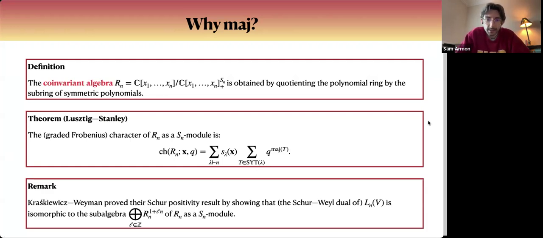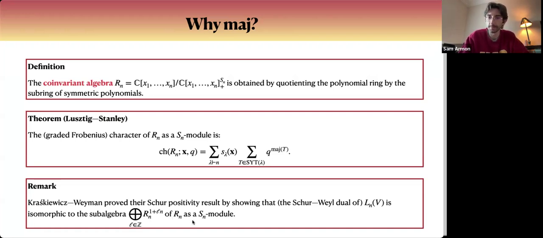And so what Kreiman and Weyman actually did to prove their result was show that the Schur-Weil dual of this nth graded piece, which is the symmetric group mirror of this GL_n module, is isomorphic to the subalgebra of the graded pieces whose exponent is congruent to 1 mod n.